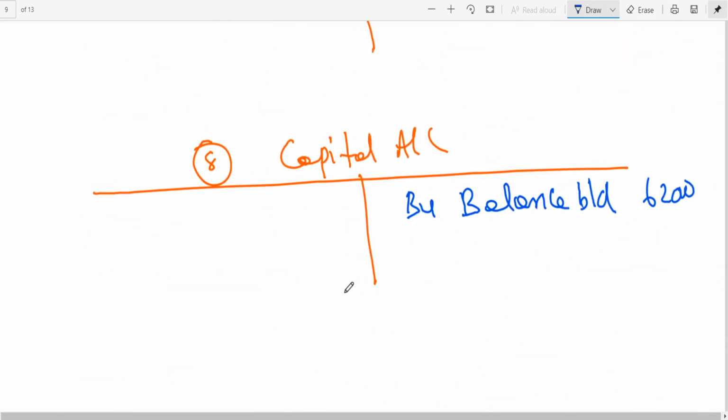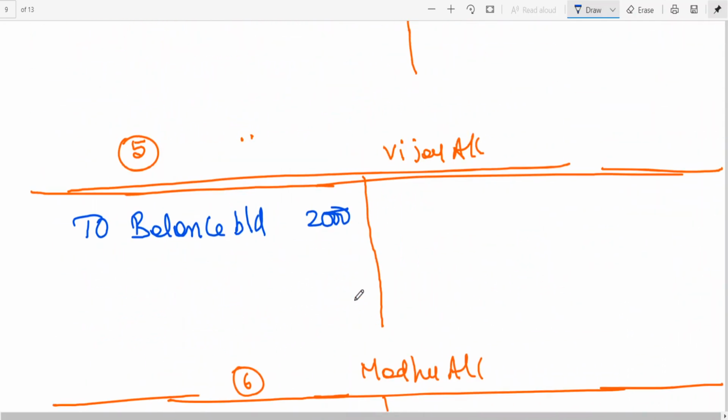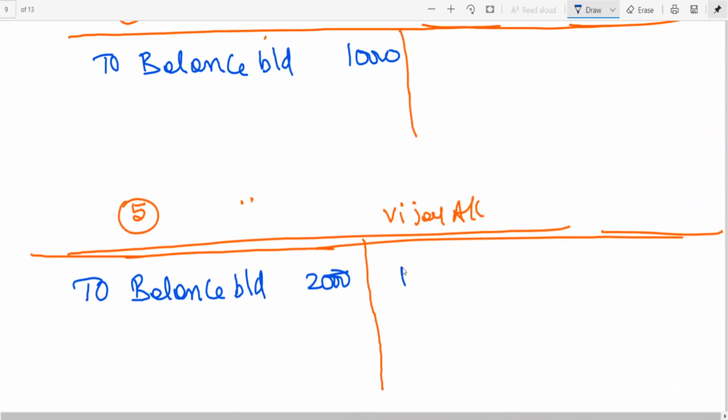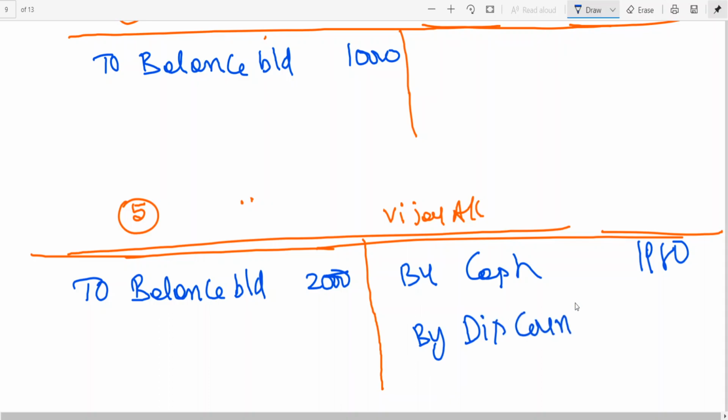Now the credit side of Vijay account has already opened. I must write by cash 1980 rupees has been paid. By discount allowed 20 rupees. Clear to all of you?